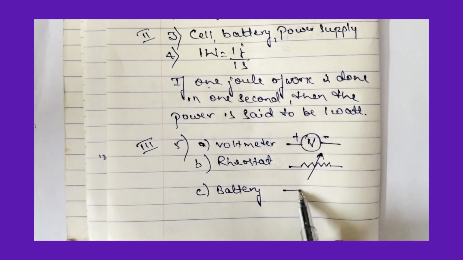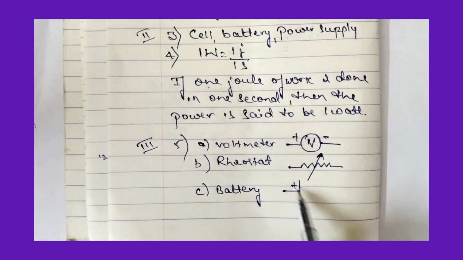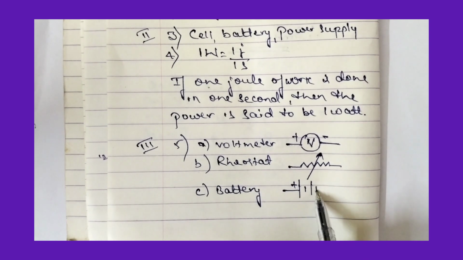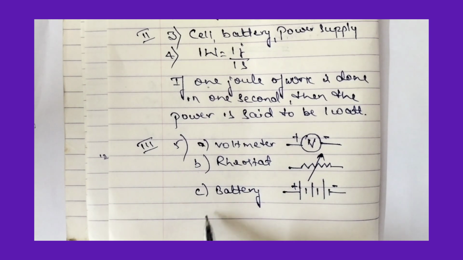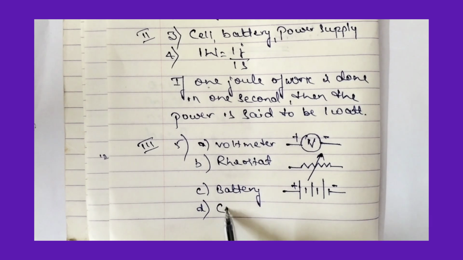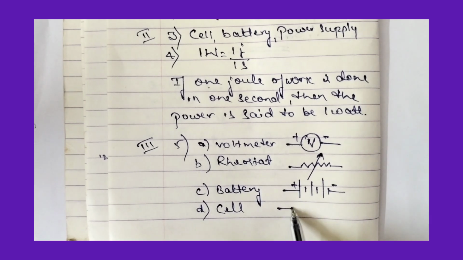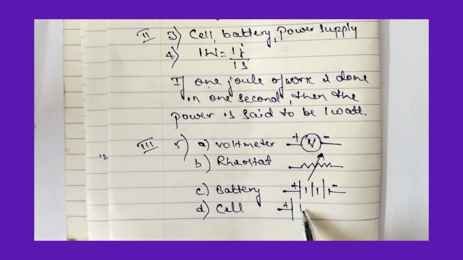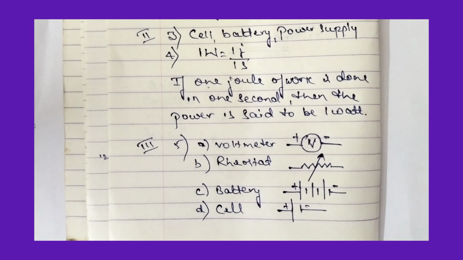This is the connecting wire, positive terminal, negative, positive, negative, positive, negative. If two or more cells are connected, then it is called a battery. Then the last one is the cell. A cell is a single unit, with a positive terminal and a negative terminal. A single unit is called a cell. When two or more cells are connected, it is called a battery.